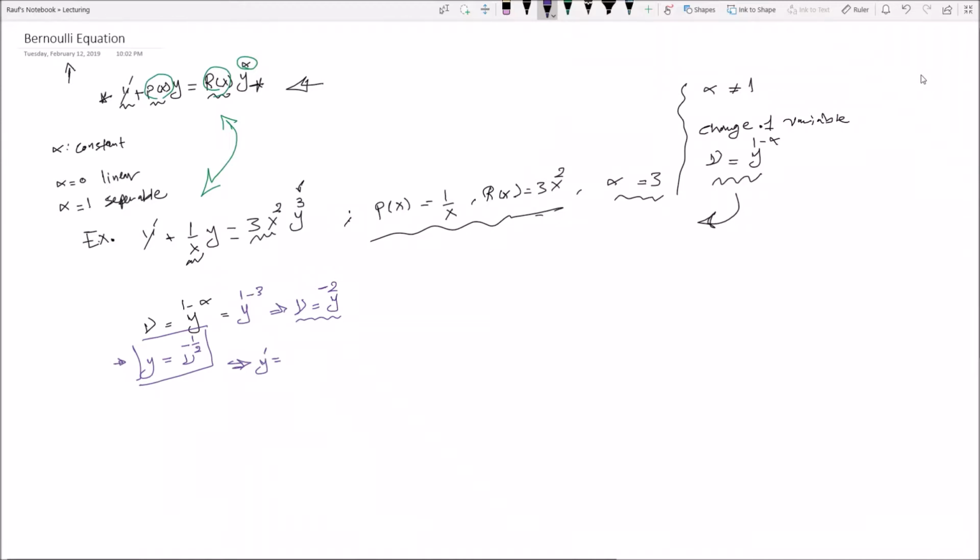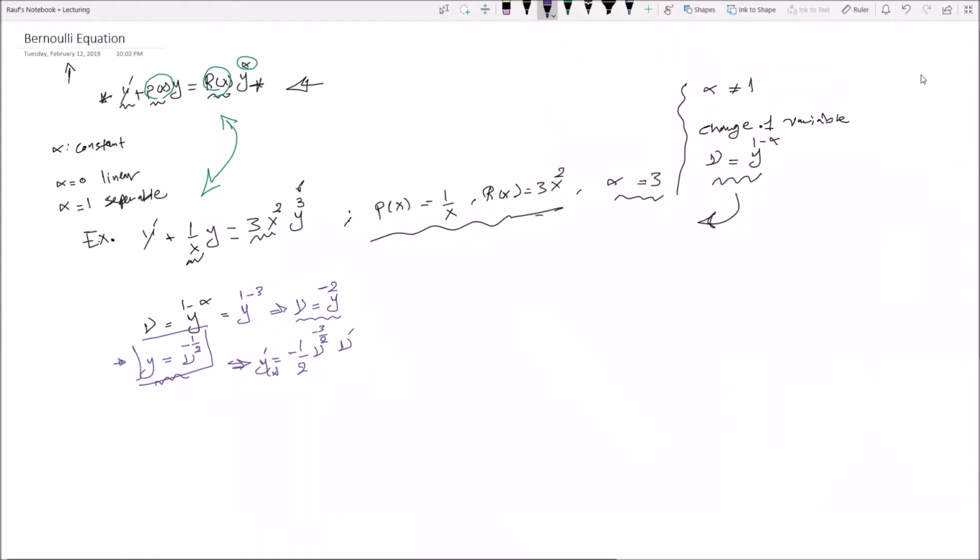So the derivative of y equal nu to the power of minus 1 over 2 gives you y prime, or y prime of x, equal minus 1 over 2 nu to the power of minus 3 over 2 multiplied by nu prime.